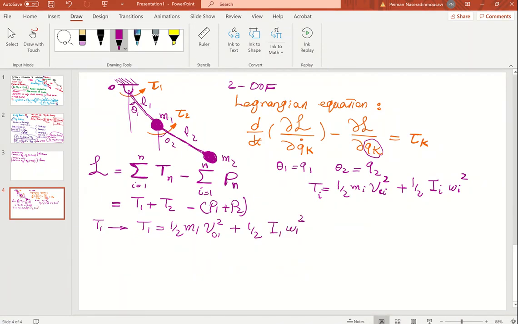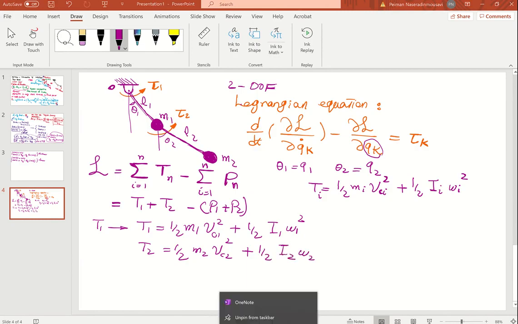Understand? And you have to do the same here and find the velocities and the potentials and many things, plus 1/2 I2 omega2 squared. Understand? And this is with respect to the coordinate system that I attached to the links.